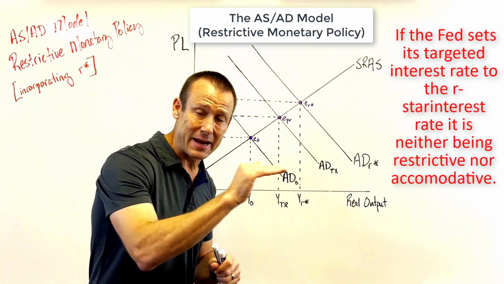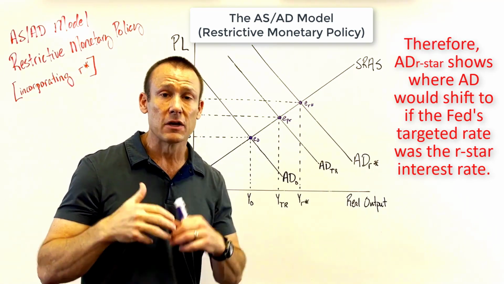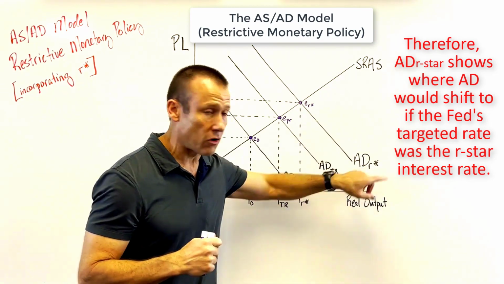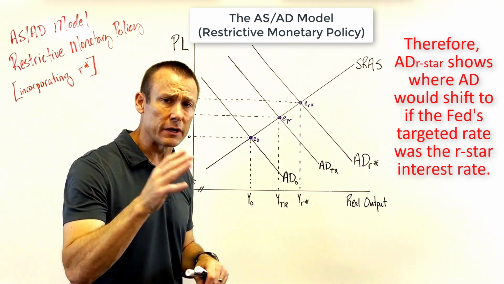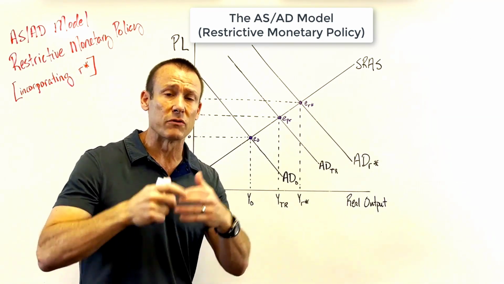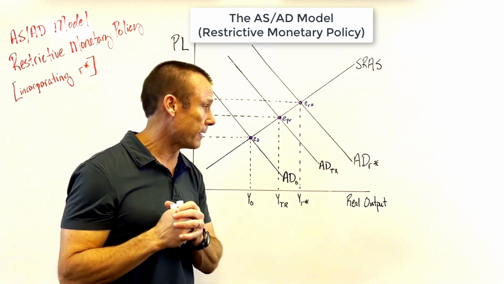The inflation rate remaining constant, okay? So that neutral rate, again, is a situation the Fed is neither being restrictive nor accommodative, okay? So that's our R star rate. This long run interest rate where the economy is kind of in this general equilibrium, we're at full employment and there's no inflation, there's no pressures for the inflation rate to go up or down, okay?